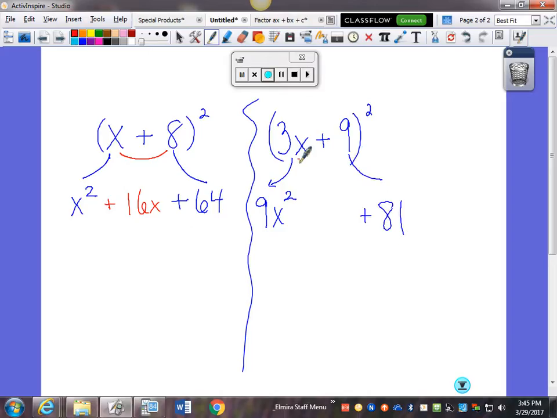And then my middle term, my bx term, is 3x times 9 is 27x. And then double it for 54x. And if you're not sure, put both into your y equals, make sure they overlap.